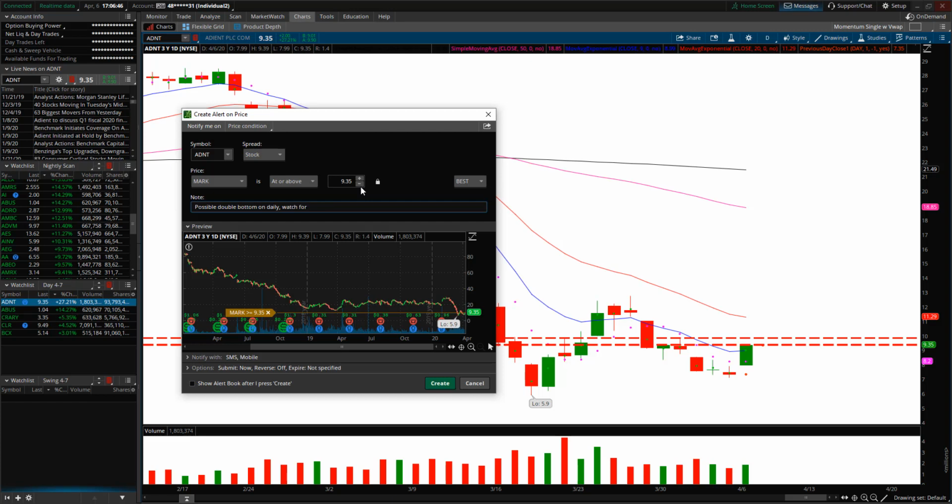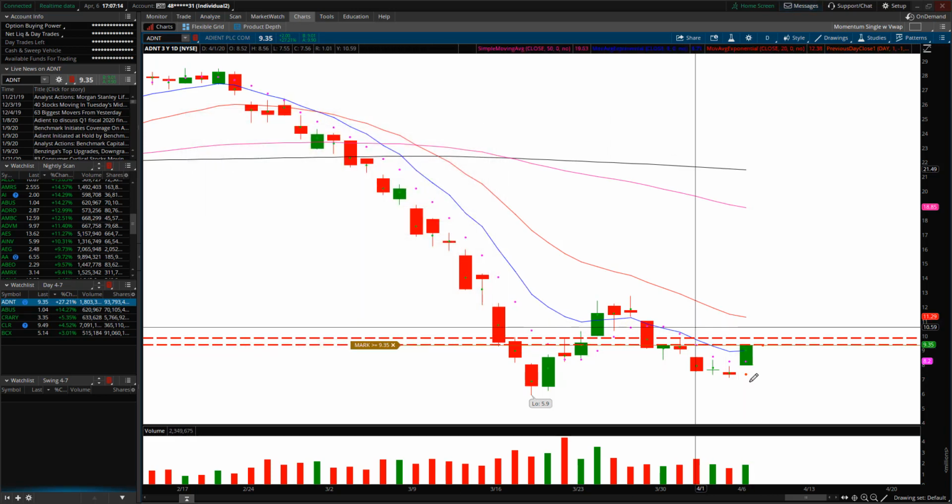Watch for possible continuation up with resistance between 980 or resistance around $10, a whole dollar amount, if it can clear 980. So see if it can continue above the 940s, 980s, and then obviously the $10 range. Watch for a possible double bottom.